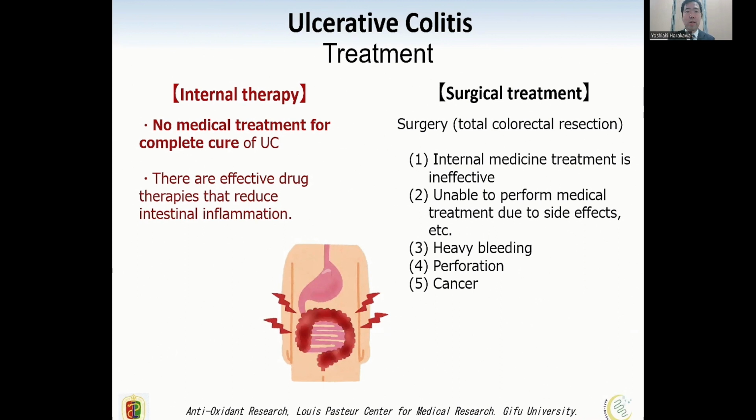Although there is currently no medical treatment that leads to a complete cure for ulcerative colitis, there are effective drug therapies that reduce intestinal inflammation of the chronic mucosa and control symptoms.